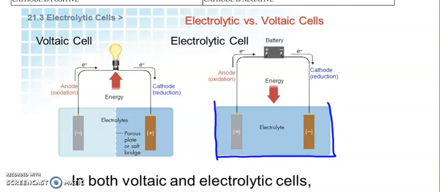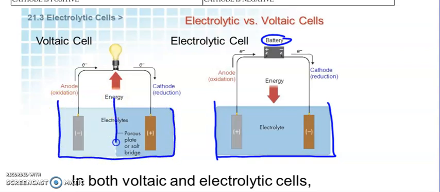You're going to have your electrodes, your power supply, that's the battery in this case, and you have to put the energy into it. Whereas a voltaic cell is more complex in that you have your two containers with a barrier, and you've got your salt bridge completing the circuit so that the electricity can flow.